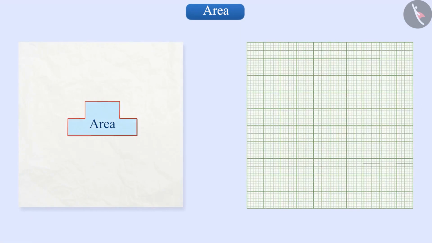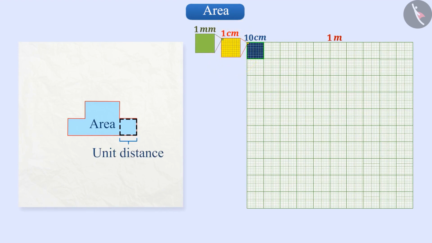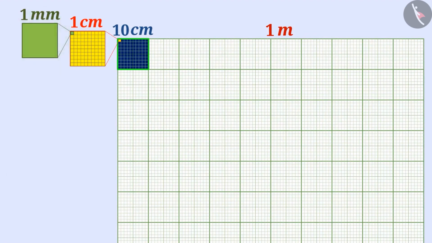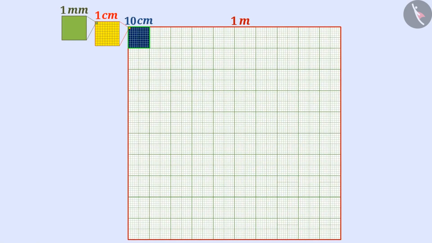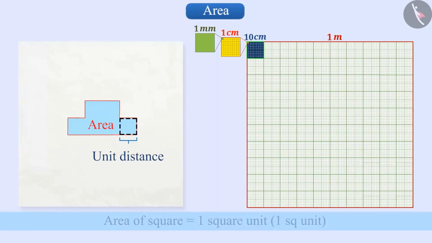For this, we compare the area of the shape with a square whose side is as much as a unit distance, such as a square with side 1 millimeter, a square with side 1 centimeter, a square with side 1 meter, etc. We take the area of such a square as 1 square unit.